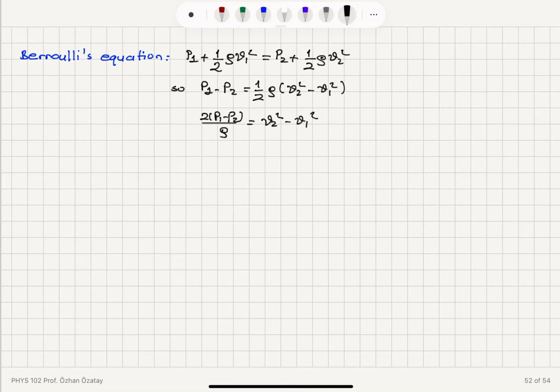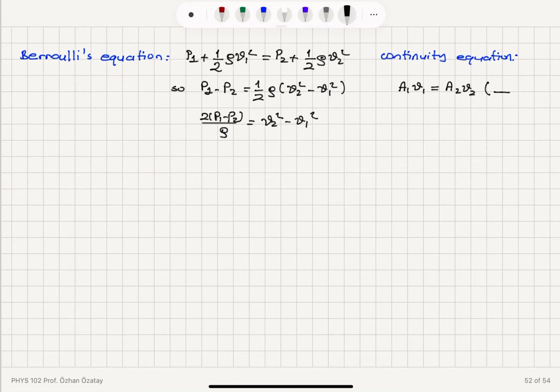Now, we also have the continuity equation. The continuity equation tells us that the volume flux is a constant, so cross-sectional area 1 times velocity 1, dV/dt, is equal to A2 V2.